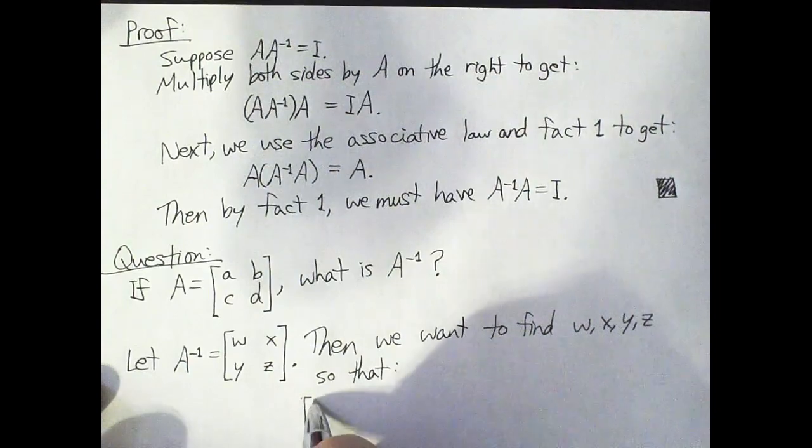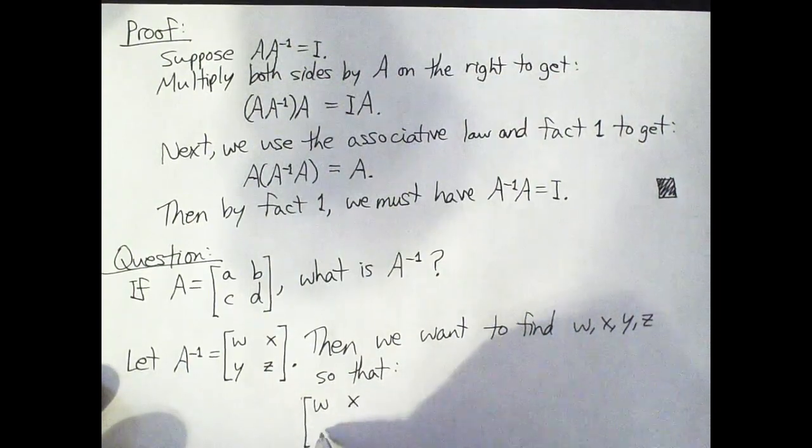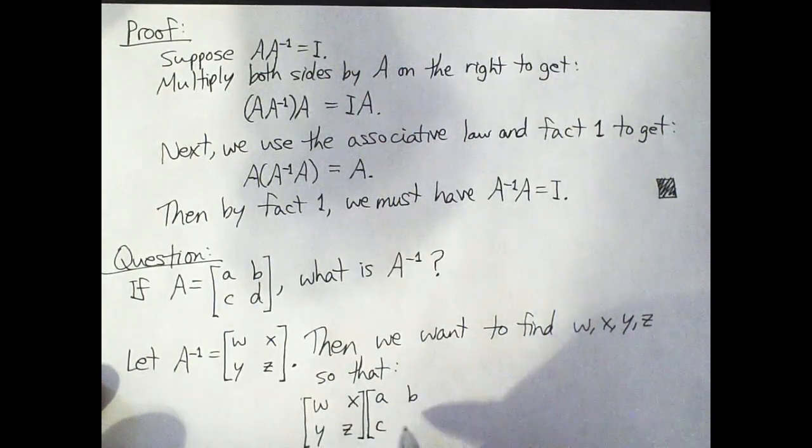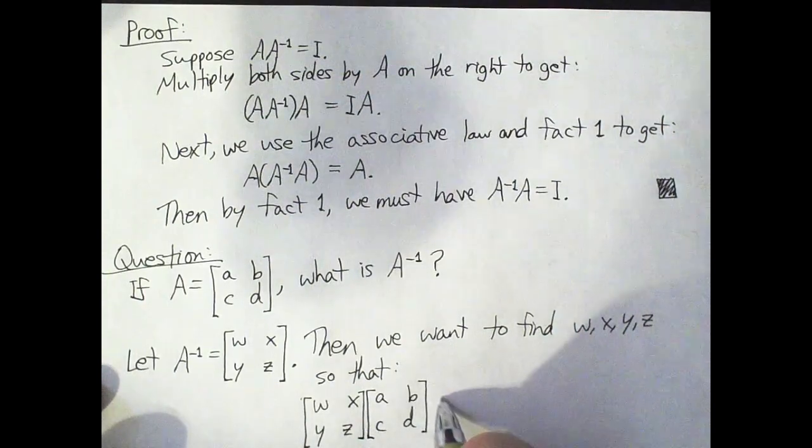We would like W, X, Y, Z times A, B, C, D to equal the identity.